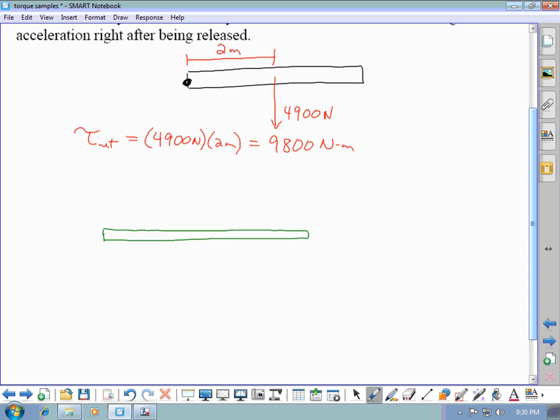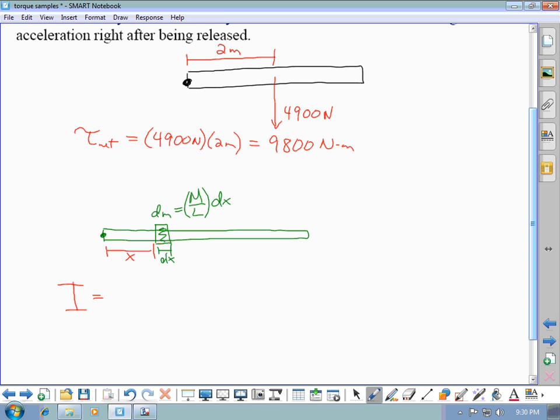So the way that we would do this is we would break this up into little pieces dm, and dm is going to be the total mass per length times the thickness dx. x is going to be my distance from that piece to the axis of rotation.